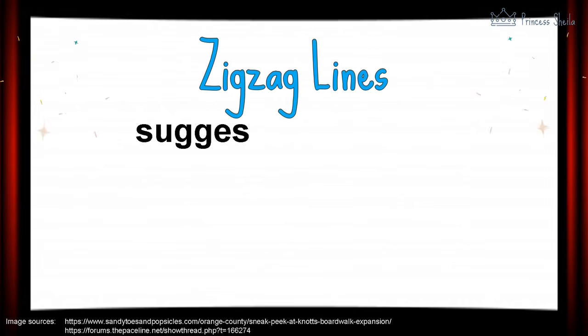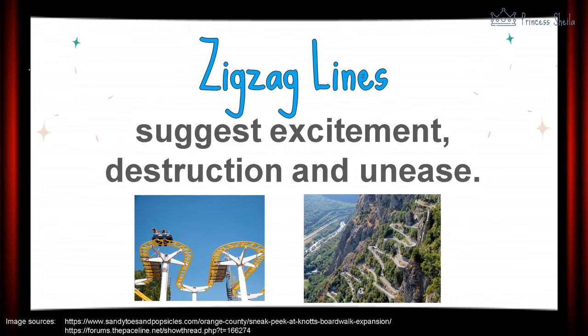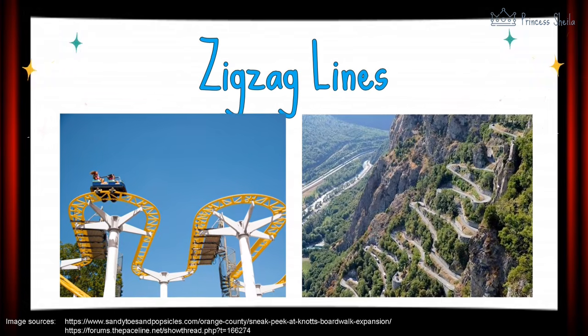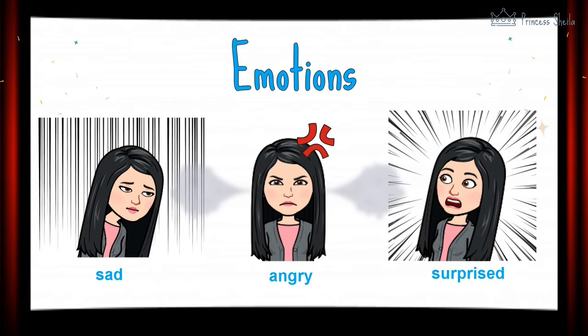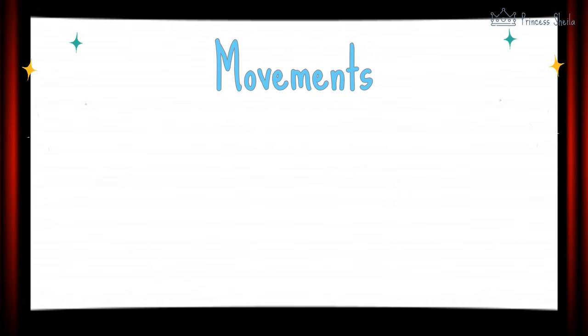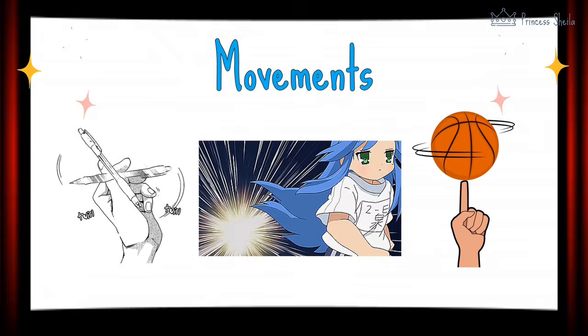Zigzag lines suggest excitement, destruction, and unease. Oh no! Here are the examples of lines showing emotions. Now, here are the examples of lines suggesting movements.